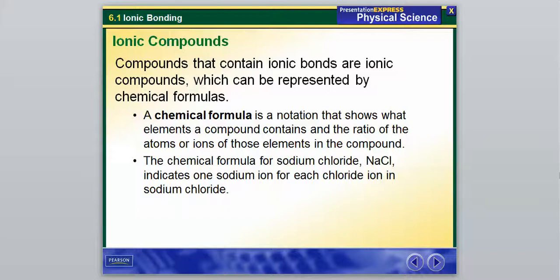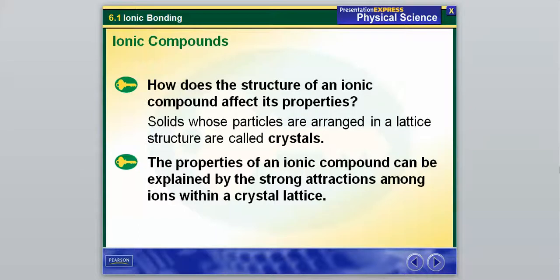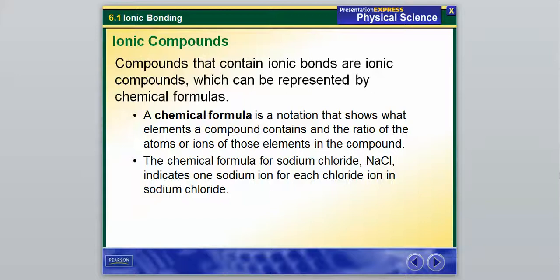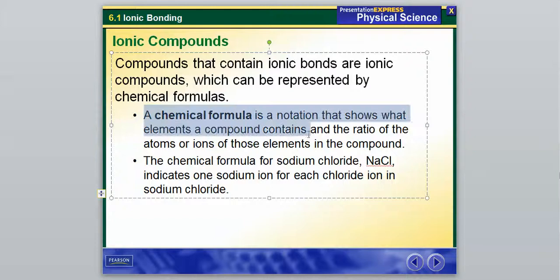Put this on the back burner for now, and we'll explain that more. Now we're going to talk about the more general rules of how ionic bonds are represented. I would definitely write this down: a chemical formula is a notation that shows what elements a compound contains and the ratio of the atoms or ions of those elements within the compound.